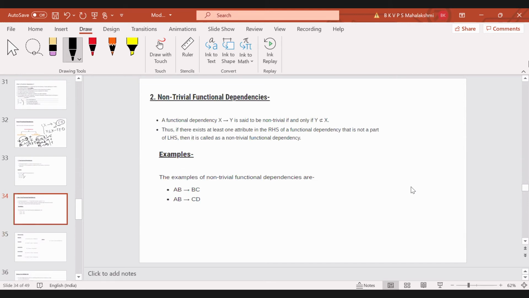See, it is non-trivial, it's not a subset of or equal to X tends to Y. So these are non-trivial functional dependencies.